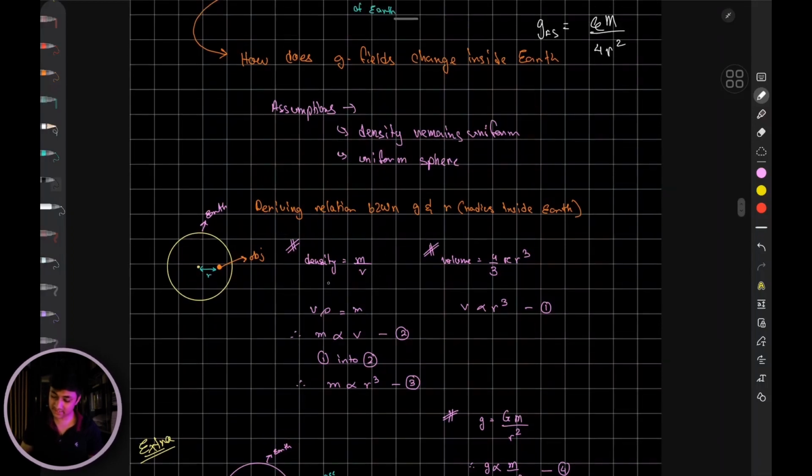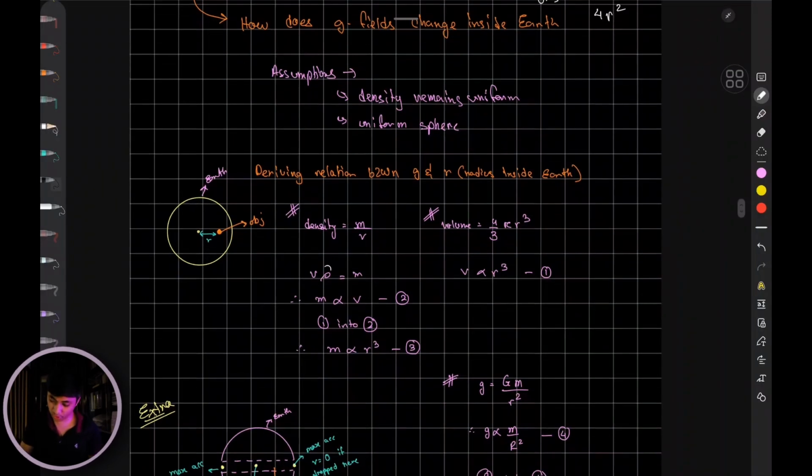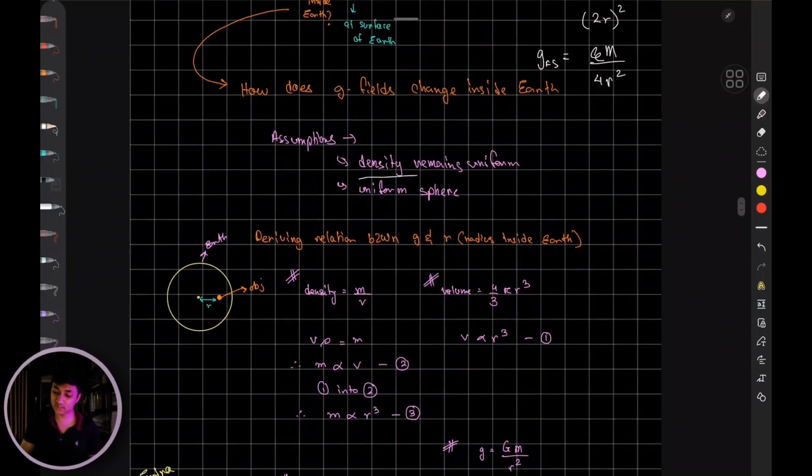Second part is the density. Density is mass by volume. So volume times rho, or density, is the mass. Since density is constant, we can say mass is proportional to volume. Remember, I asked you to consider the mass distribution to be the same.